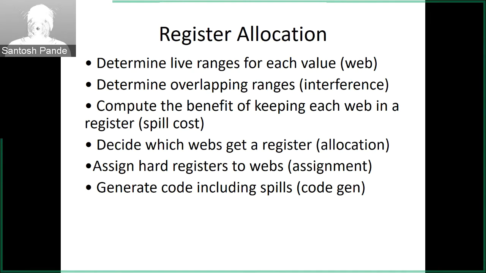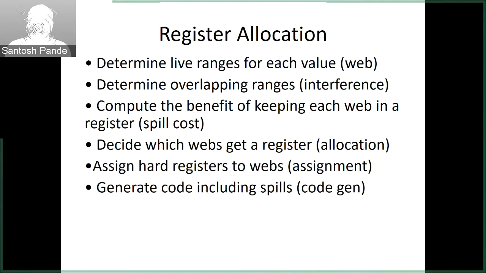So using the scratchpad registers and actual registers, the code generator will generate the final code, which will have spill code, which is like load stores, bringing the values in, etc. It will also have these scratchpad registers used for generating the instructions. And of course, wherever we have registers allocated and those values are held in them, the instructions will directly take those values out of those registers. Let's say A was given register 7. Wherever we have operations on A, we'll use register 7 so that it is maintained current with the values which it needs.